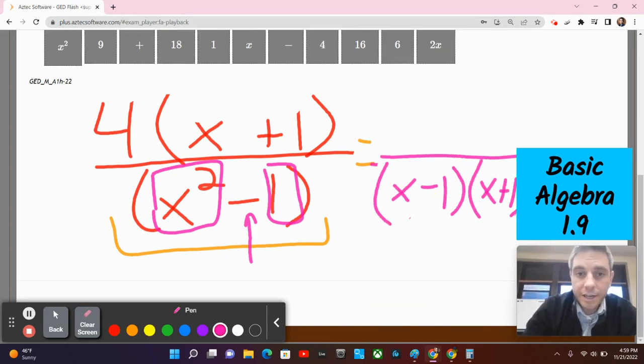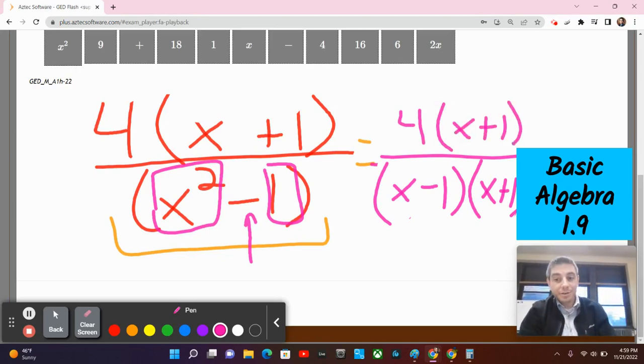Now on the top of the fraction, we still have 4, but we also have x plus 1. And now maybe you can see the final step. As a group, it is being multiplied on the top by 4, and on the bottom by x minus 1. So x plus 1 as a group shows up on the top and on the bottom of the fraction as part of a multiplication.